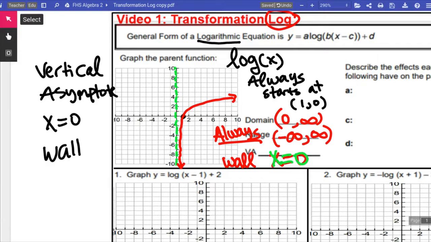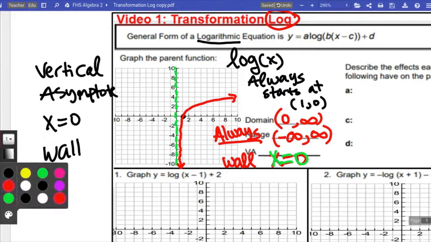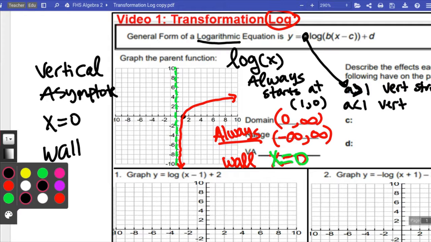Let's talk about what the a, b, and everything does here. The a value: if a is greater than 1, then we have a vertical stretch. If a is less than 1, then we have a vertical compression.